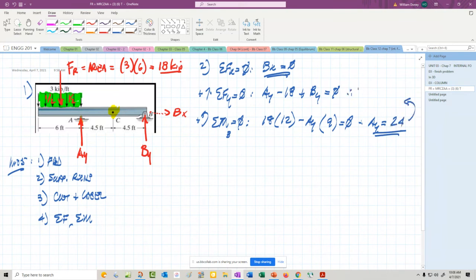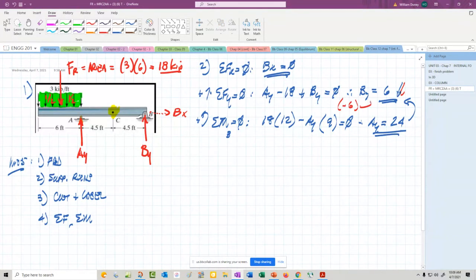And if I put that back up here, then BY is going to equal 24, let's see, 24. Okay, 24 minus 18, six. But it actually ends up being 6 down because that ends up being a negative right there.